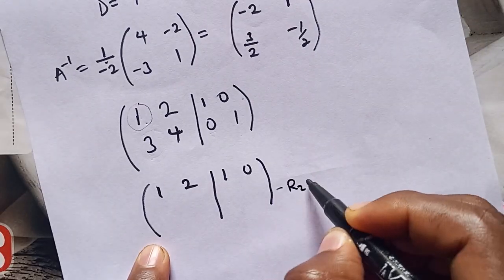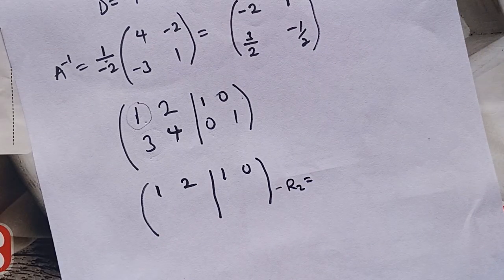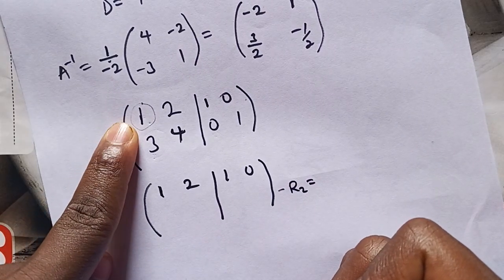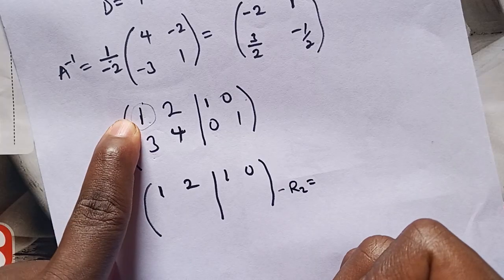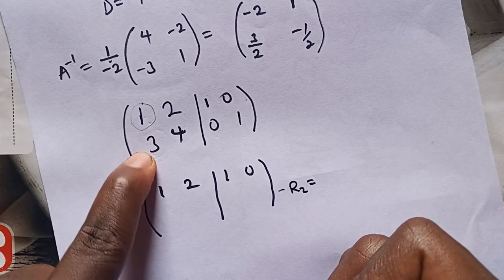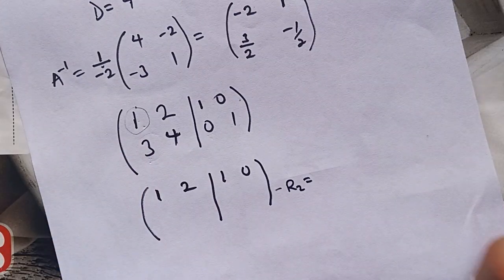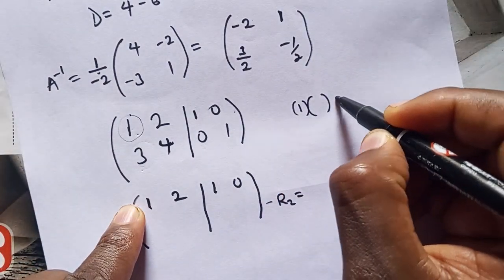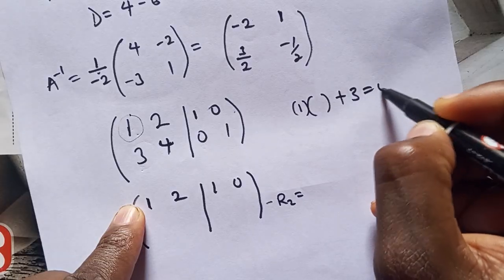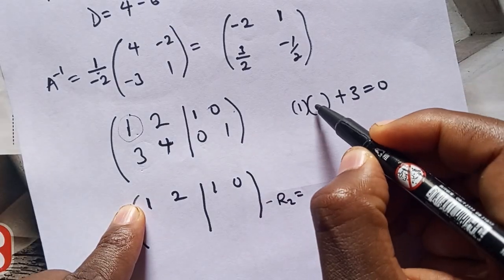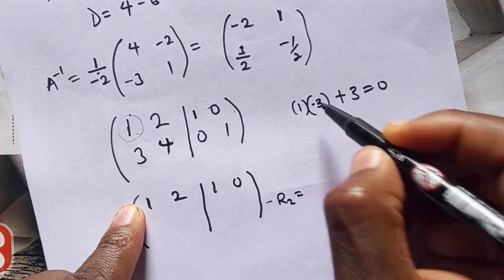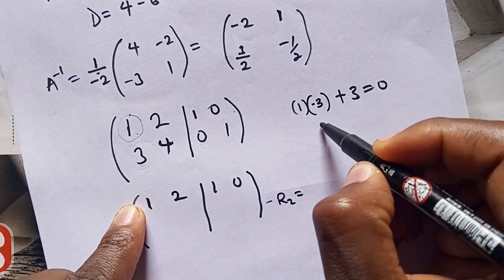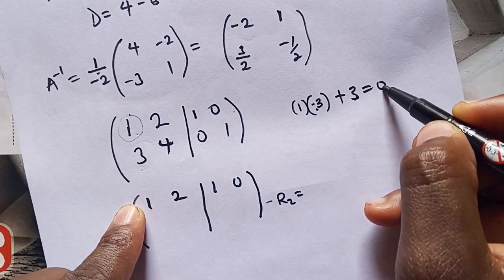So my row 2 is equal to... since this is my leading variable, what will I multiply to 1 and add to 3 to give me 0? If you multiply minus 3 here and add to 3, you're going to have 0.